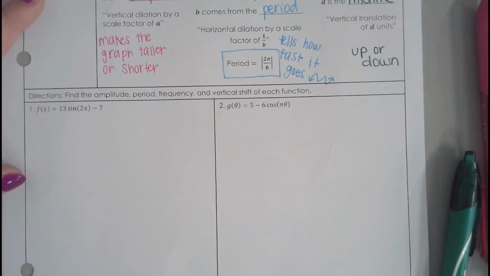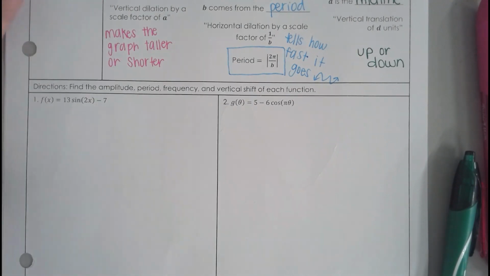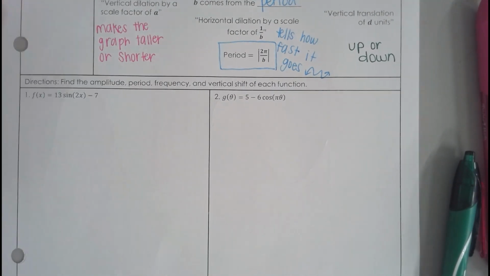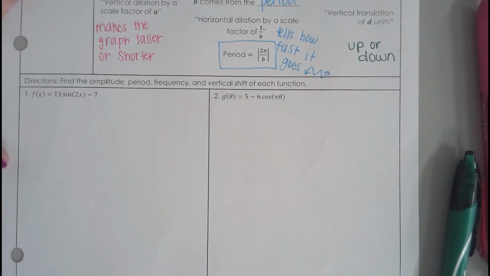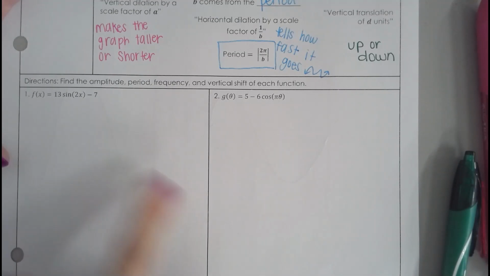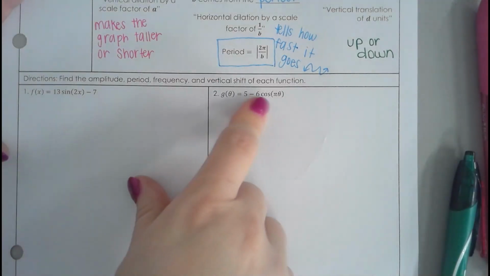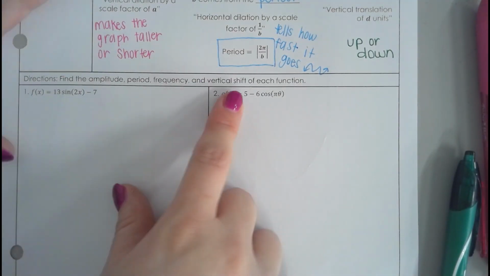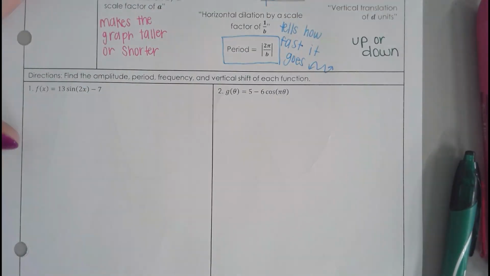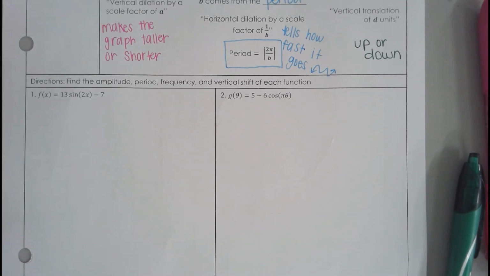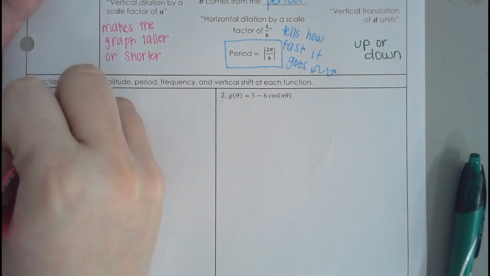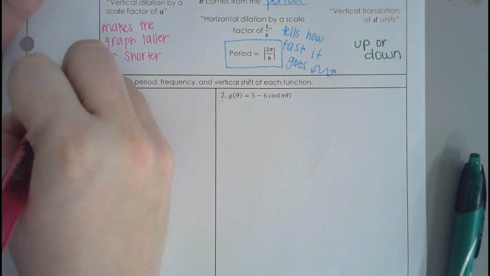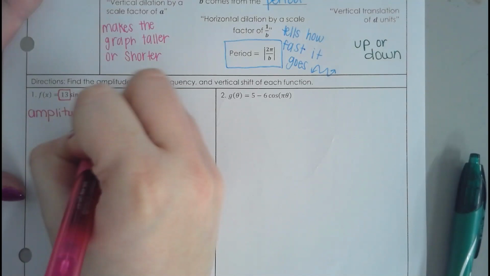To do some examples, we're going to find the period from looking at the function, and the midline or vertical shift. So slightly harder. All right, so the amplitude is 13.